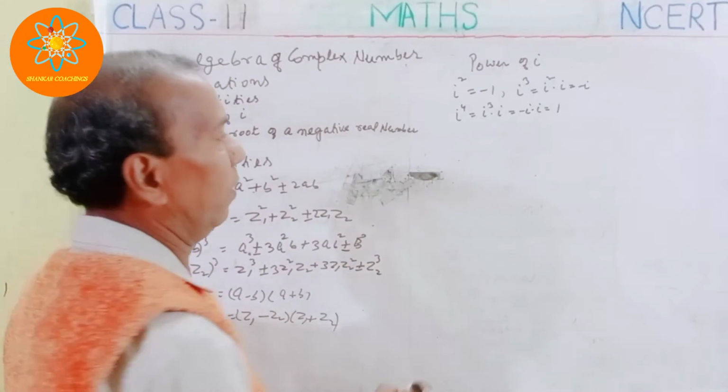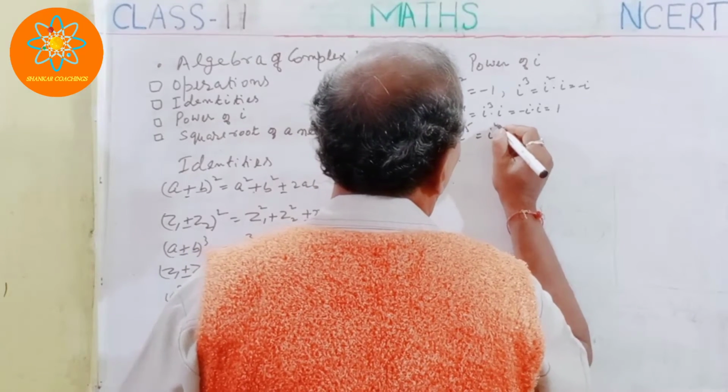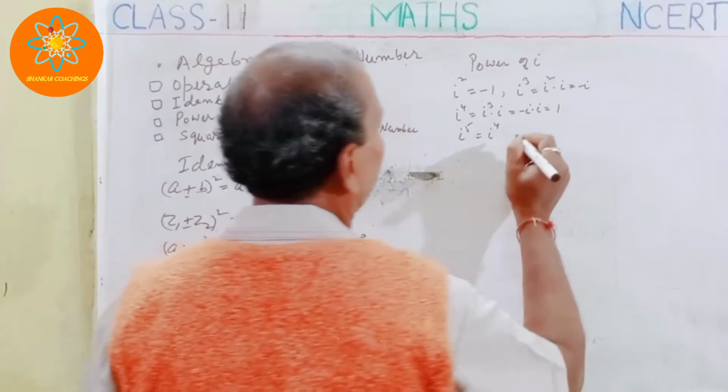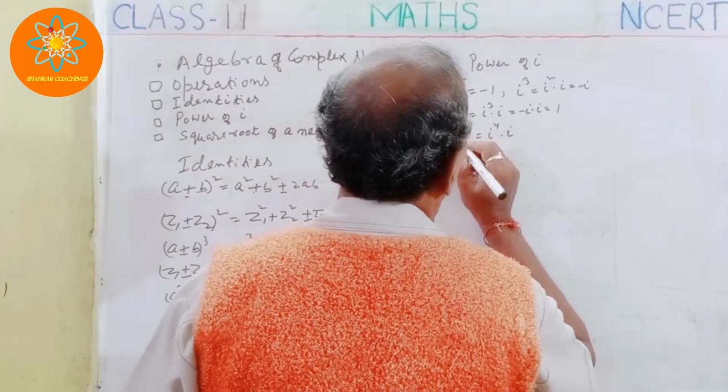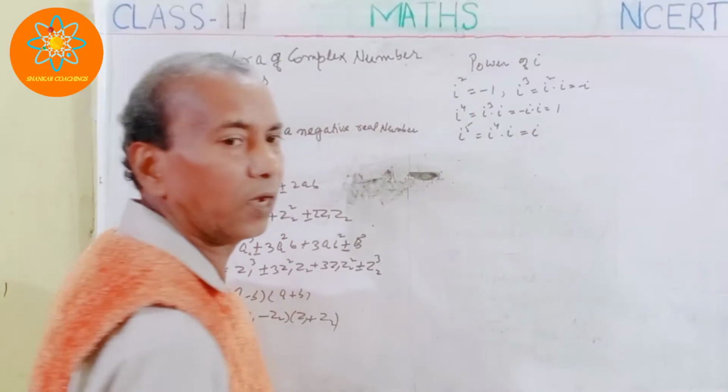Similarly, I have i to the power 5, which is i4 into i. Since i4 is equal to 1, it is equal to i.